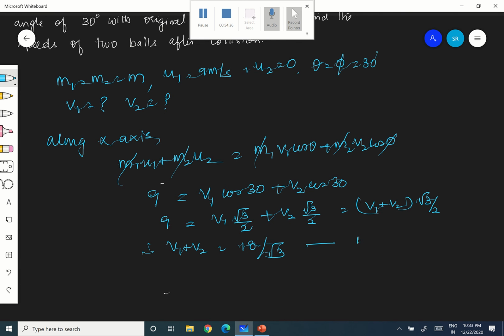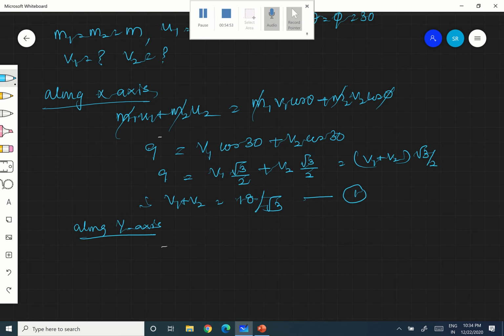So V1 plus V2 you found out by applying conservation of momentum along the x-axis. Now you go for the y-axis, with the same conservation principle along the y-axis. What is the initial momentum along the y-axis? Initial momentum is equal to 0.